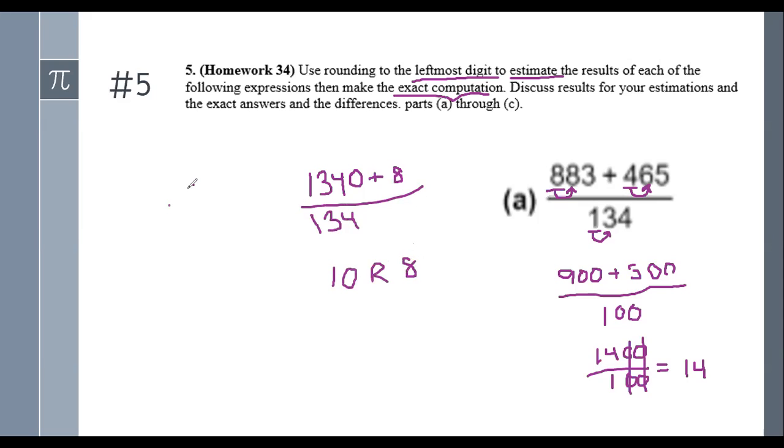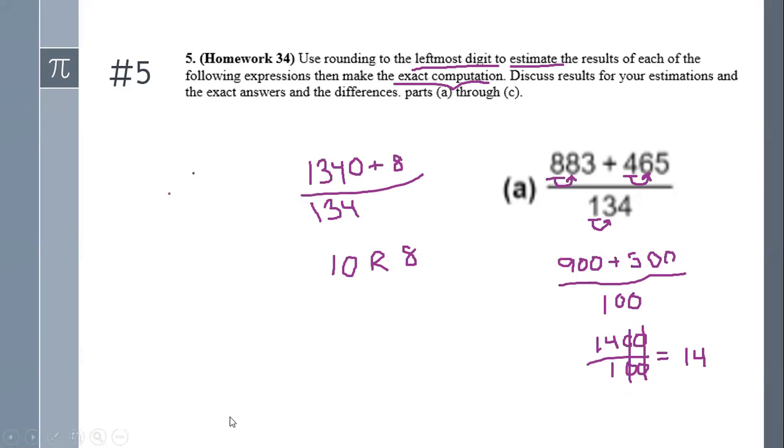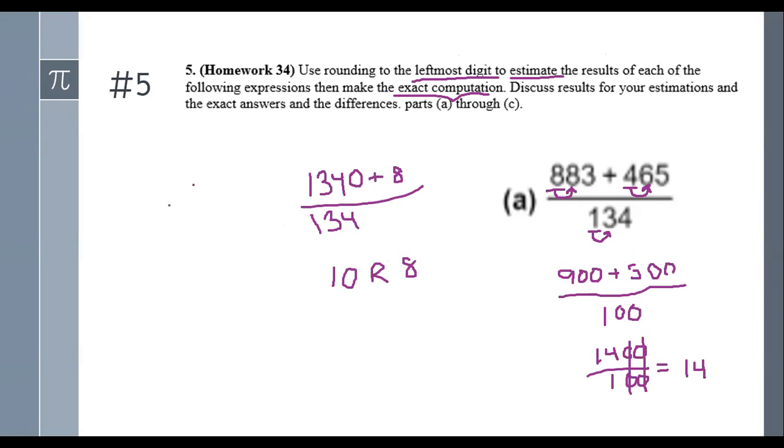Or you can just divide it by 134, and it'll give you this big old number. That's about 10 point, oops, my calculator disappeared. 10.0597, lots of numbers.